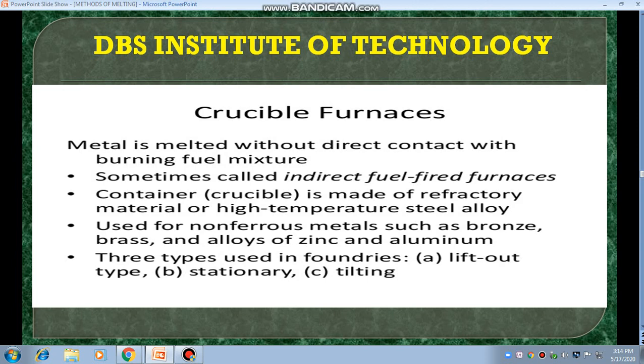It is used for non-ferrous metals such as bronze, brass, and alloys of zinc and aluminium. There are three types of crucible furnaces. One is the lift out type, the second is stationary, and the third is the tilting crucible furnace.